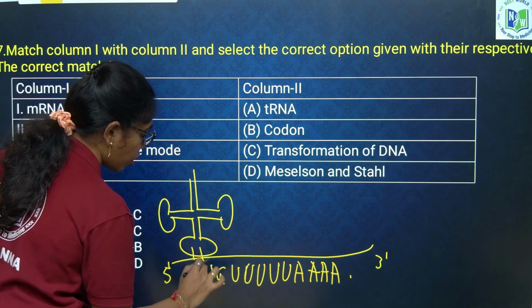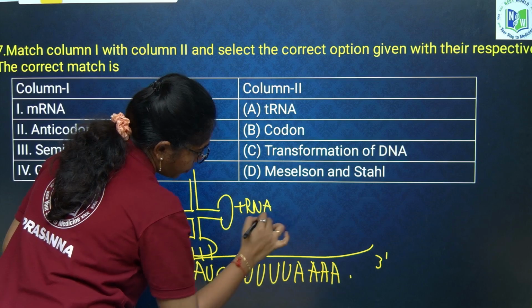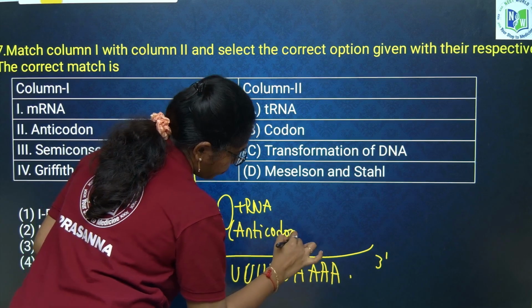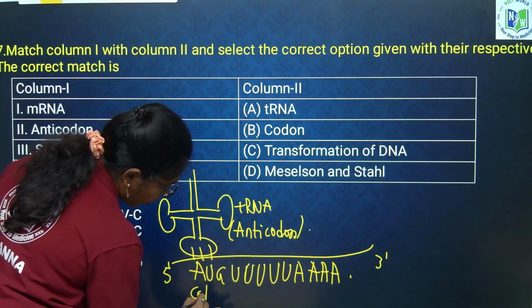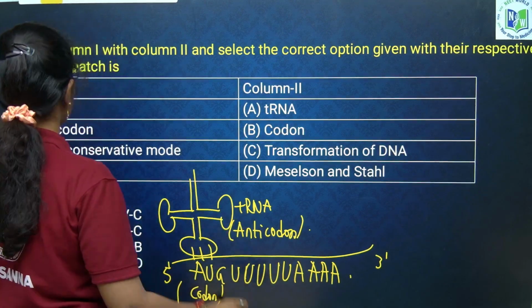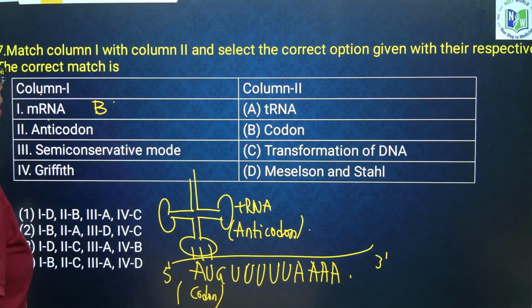An anticodon, and it will copy this. mRNA will provide the codon. Keep this in your mind during the process of translation. So yes, mRNA is providing the codon. B, the anticodon is provided by tRNA.